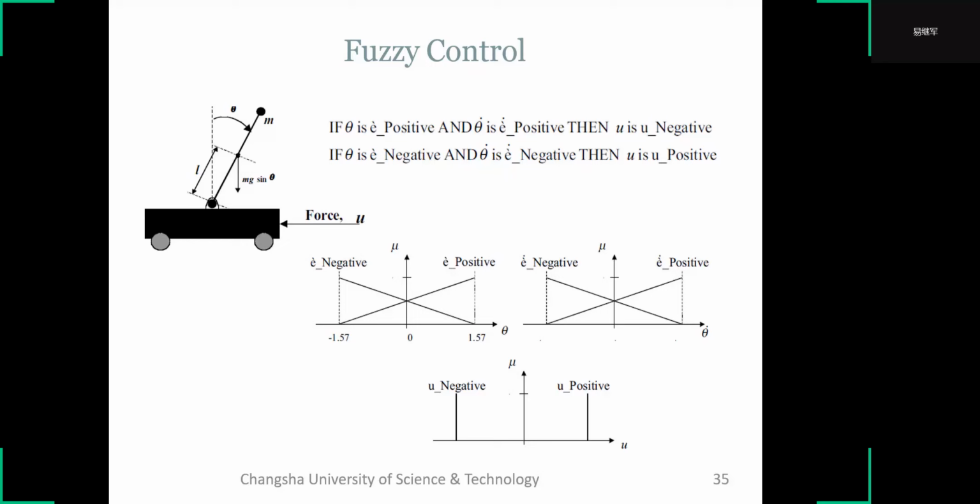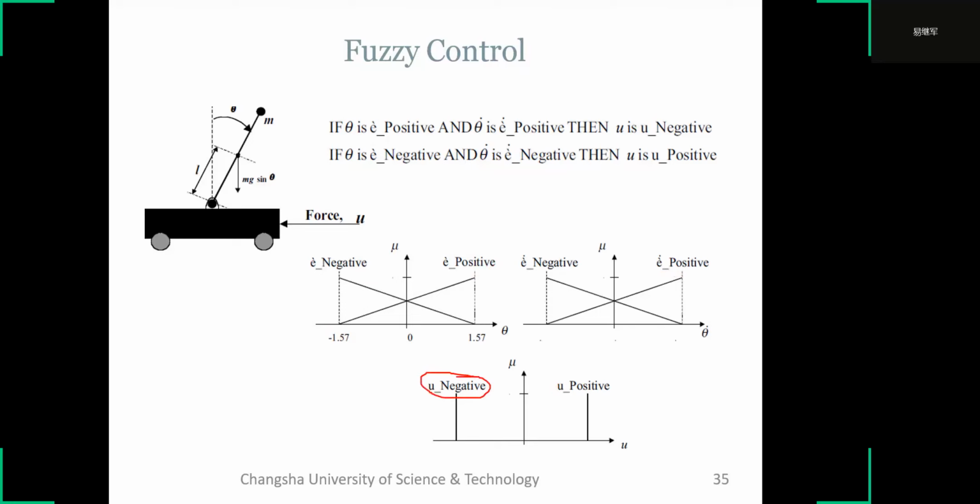Last class, we talked about fuzzy control. This is an example of fuzzy control. If theta is positive and theta dot is positive, then U is negative.